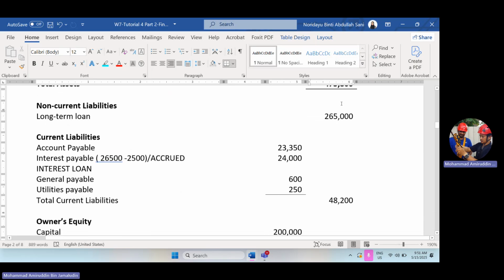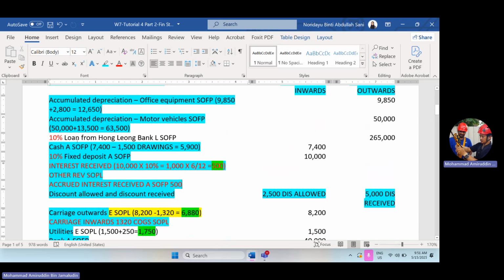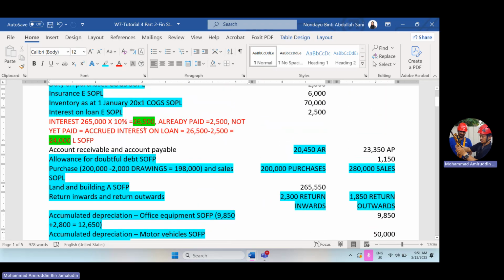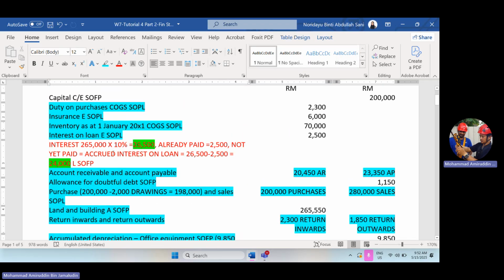We move to the non-current liability, long-term loan. Okay, transferred, 265. Next, we have the current liabilities. Accounts payable, 23,350. So this one is done, transferred accordingly. And then what else? Accrued interest on loan.